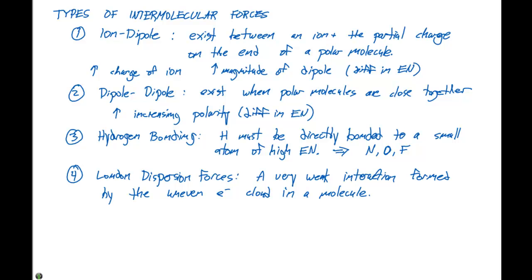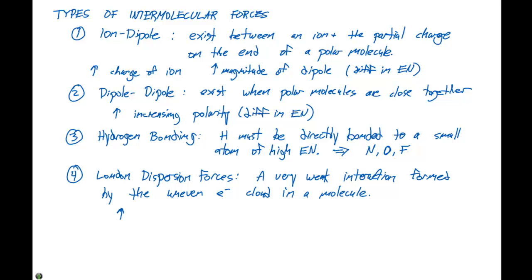Okay, and so if we have a molecule, there's electrons moving around them. And even if the bond itself is nonpolar, there are certain moments where the electrons can reside on one side of the molecule as opposed to the other. Okay, these are very weak because they only happen very briefly, but we do see some type of London dispersion forces.